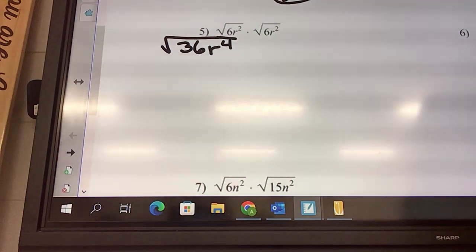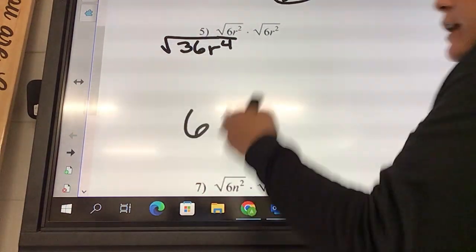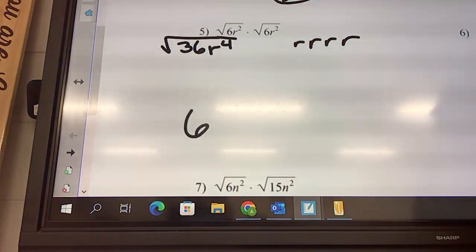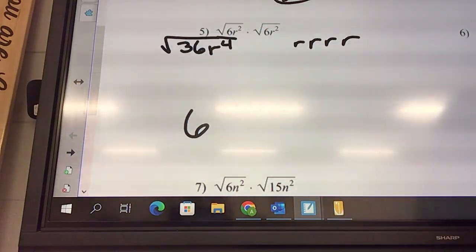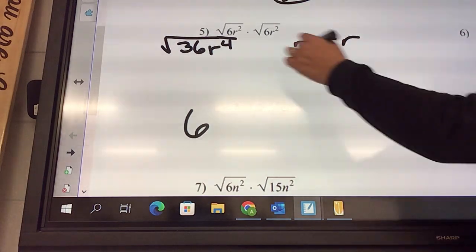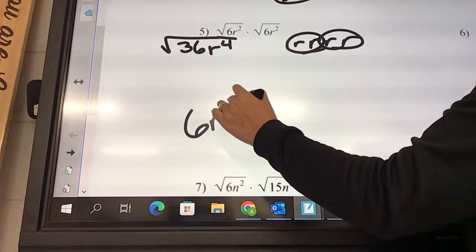We already know the square root of 36 is 6. And we've done variables like this before. I have 4 r's, and my group number is 2 because there's a 2 on the outside. So how many can go? 2 groups, which is going to be what? R squared.